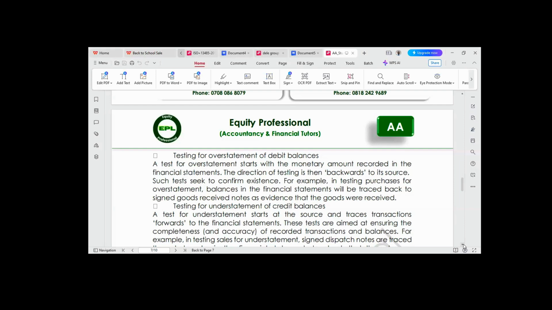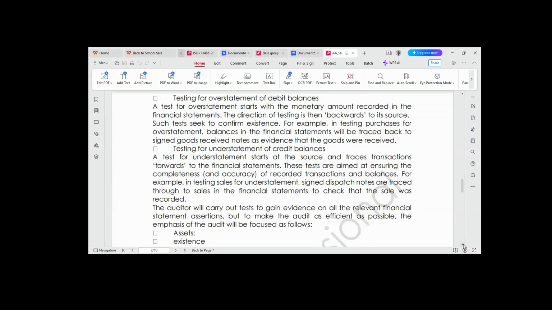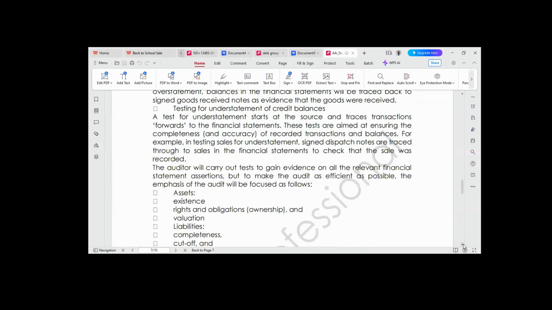If there is understatement of your credit balances, that means you have sold, then your inventory is less. You saw that your inventory is less. So what do you do? You look at your delivery notes, whether you have delivered more, taking more quantity than what you should have taken out from the store. All right, that could be responsible.